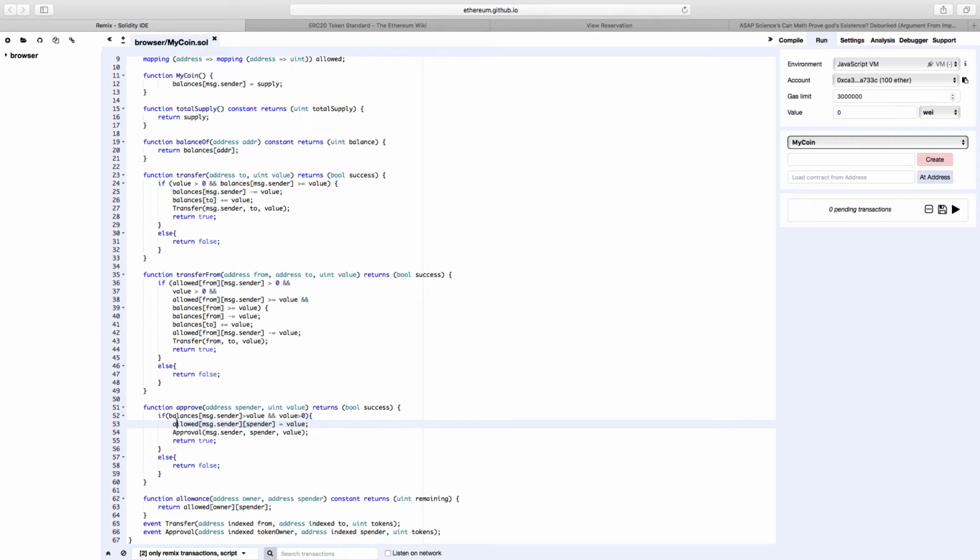Okay, now once this is done, this event has not been recorded on the log, it has not been logged on the Ethereum blockchain yet.